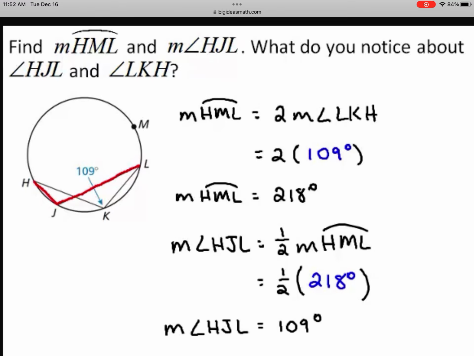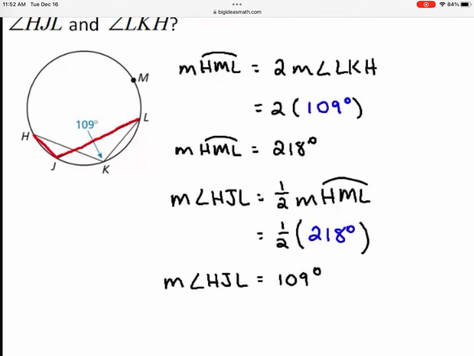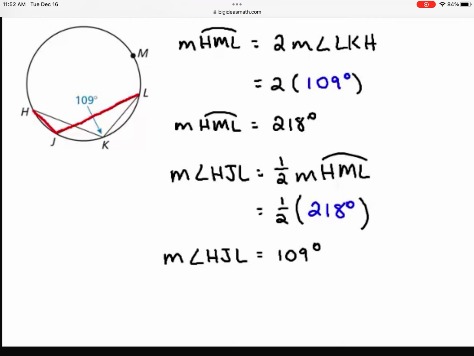So the measure of angle HJL equals 109 degrees. So notice that angle HJL and angle LKH both have the same measure of 109 degrees. Thus, angle HJL is congruent to angle LKH.